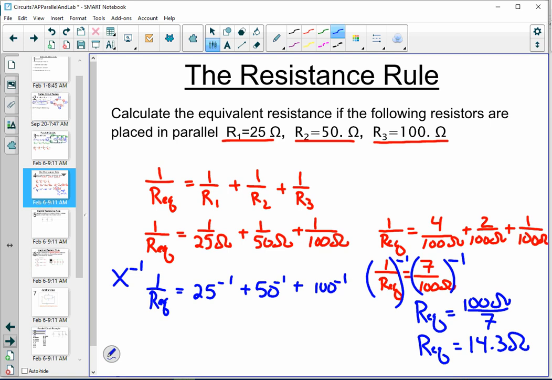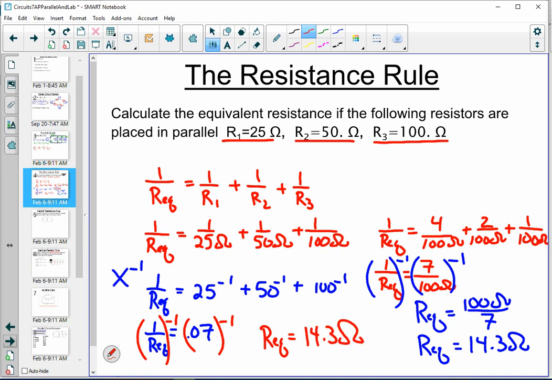When you do that on your calculator, you would get, as before, 1 over Req equals 0.07. To find the final answer, we need to flip or invert, and you will once again get an equivalent resistance of 14.3 ohms.